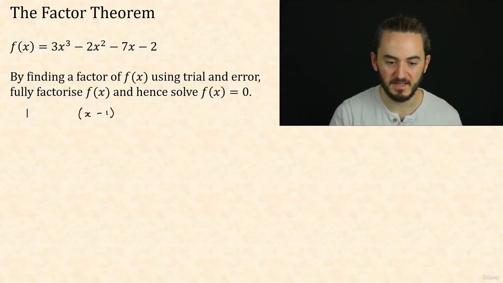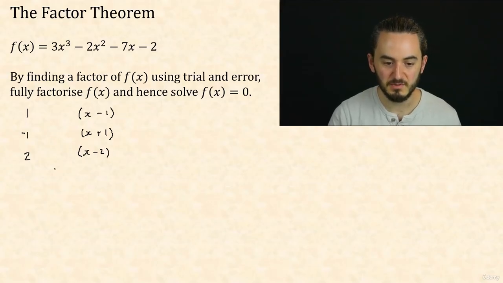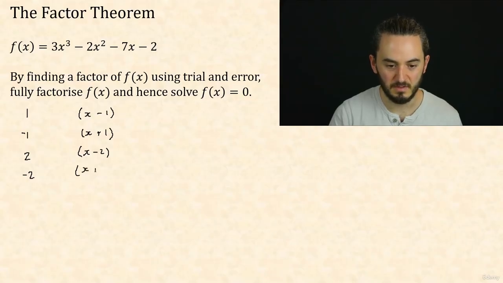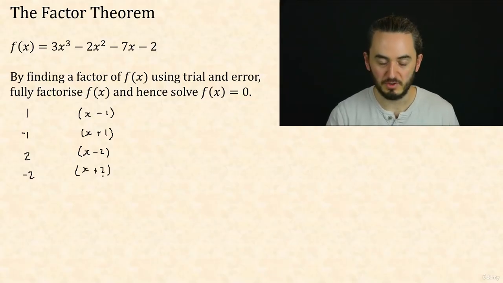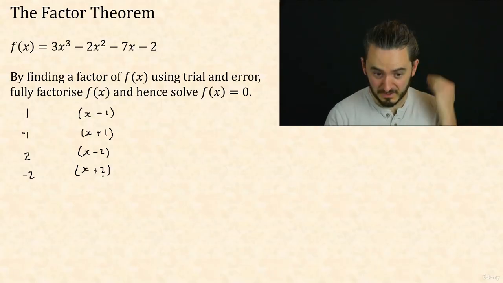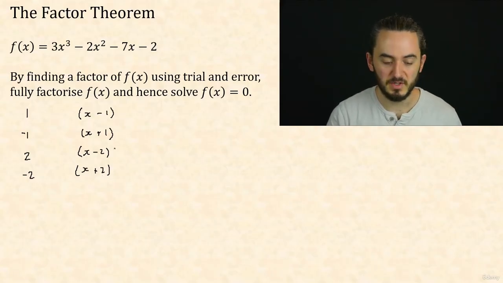That would mean that x minus 1 is a factor. Guess minus 1. That would mean that x plus 1 is a factor. Guess 2. That would mean that x minus 2 is a factor, and so on. Just try the easy stuff. If it's none of those, try 3 and minus 3. But to be honest, it's probably going to be one of those.